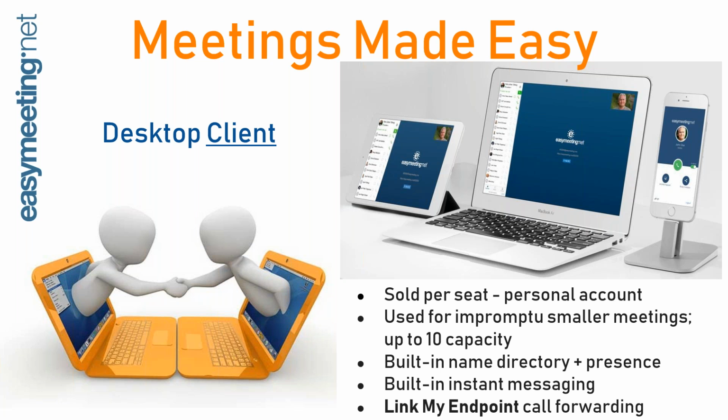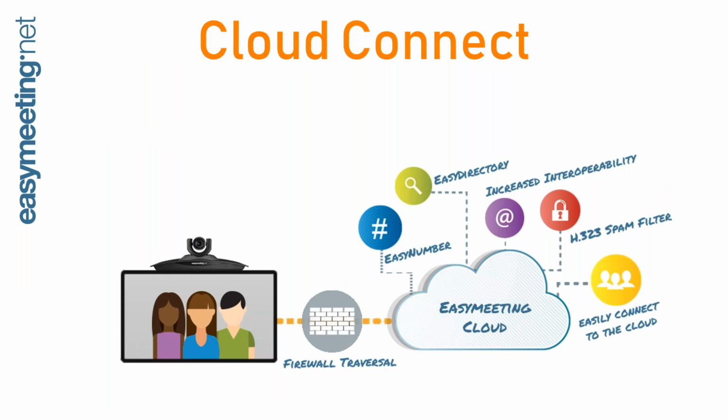Along with making calls easy to dial and easy to find who you want to connect with, and connecting those calls, we also give you the ability, through our Cloud Connect service, to register those endpoints with our gatekeeper. What that will do for those codecs is assign them an easy number.